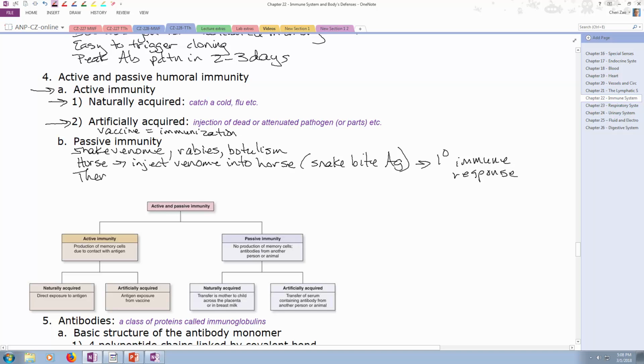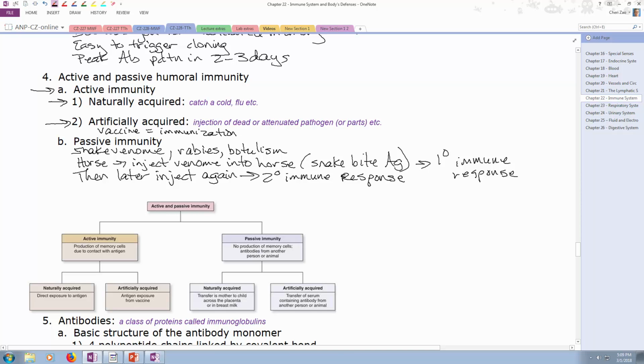Then later, inject again, because we like the secondary immune response. Because we know we don't have to wait as long, we don't have to feed the horse as much, and we know we'll have a really high titer of anti-venom, or snake bite venom antibody, from the horse.